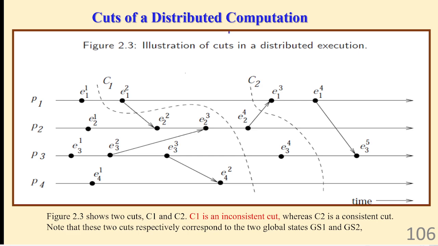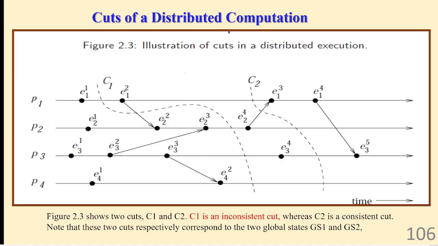Again, come to P2. Here also you can see 1, 2, 3, 4, in that order. Again P3: E1, E2, E3, E4, E5, maintained in that order. Now, what is a cut? Do you see C1, a dotted jagged line moving vertically downward in a zigzag manner? Yes, that is a cut. Look at the first cut, C1.